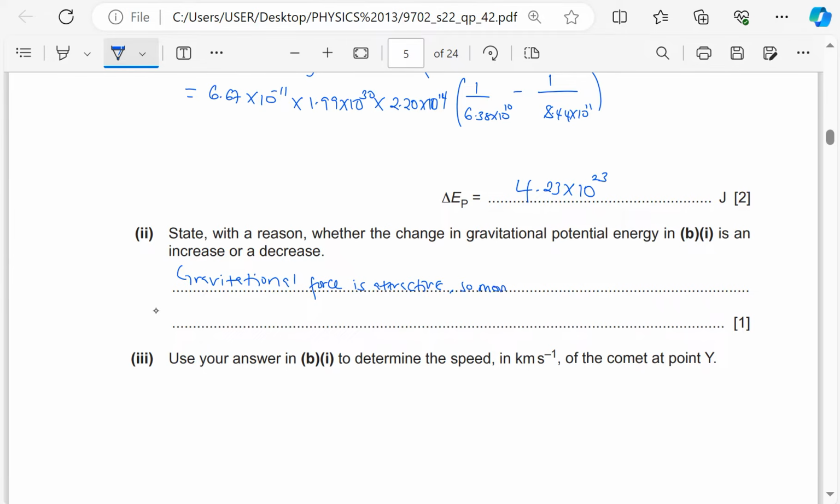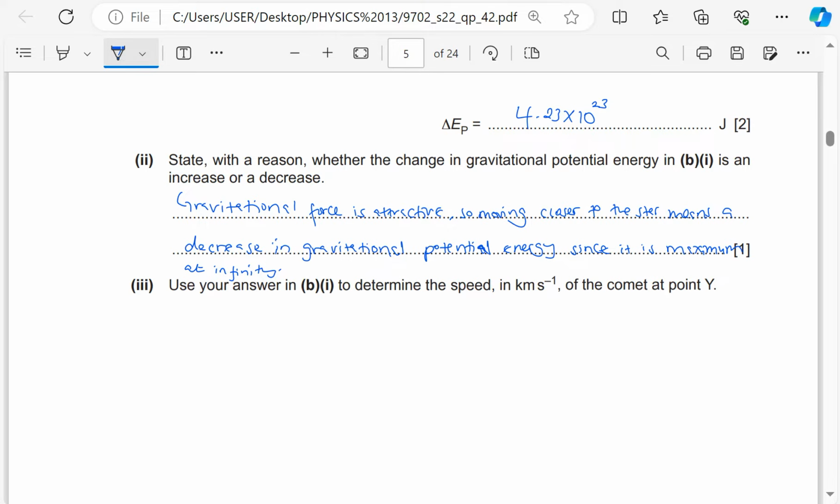So moving closer to the star means a decrease in gravitational potential energy, since it is maximum at infinity.